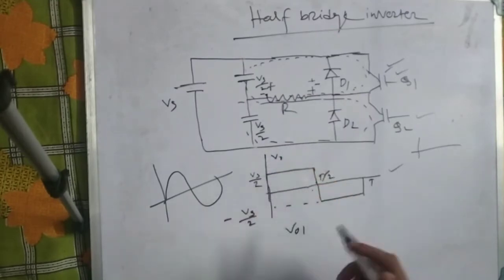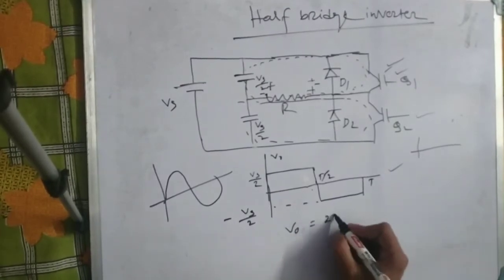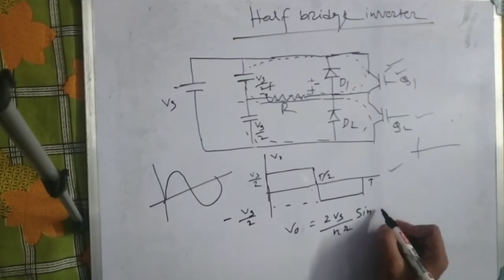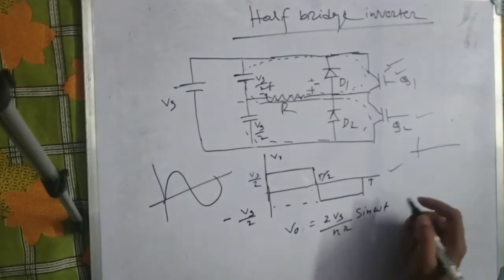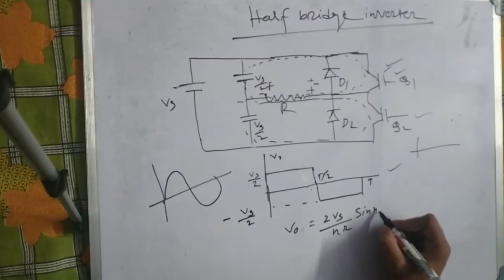Suppose this is V0. The Fourier analysis gives 2 Vs by n pi sin n omega t.